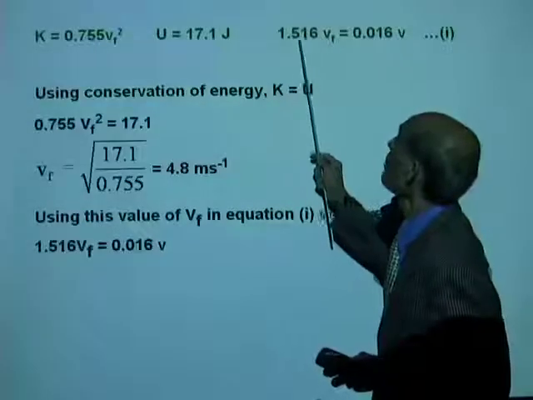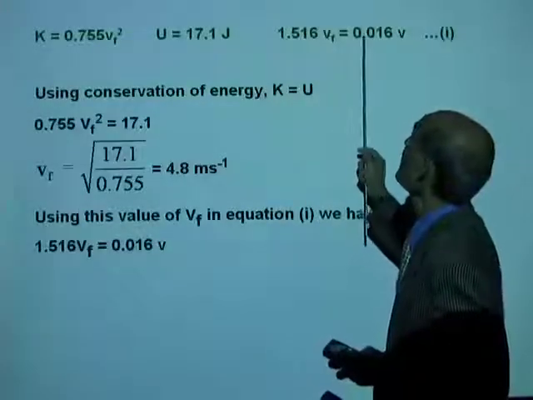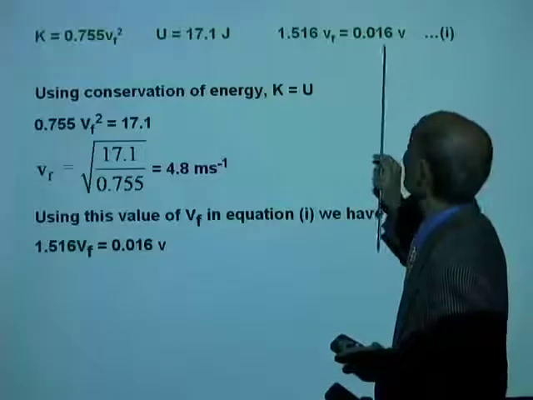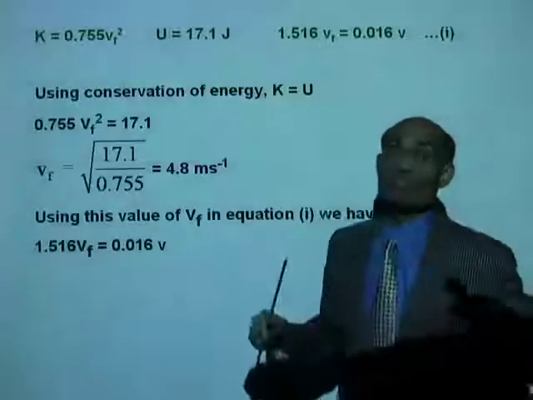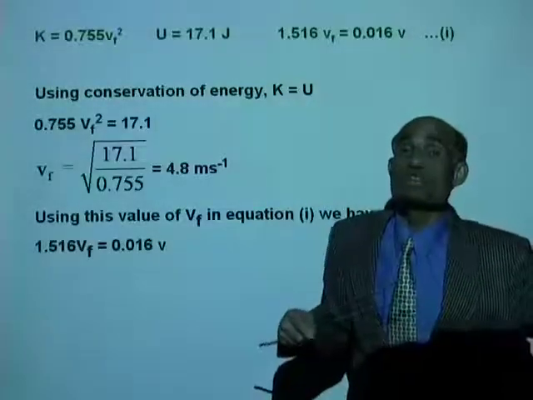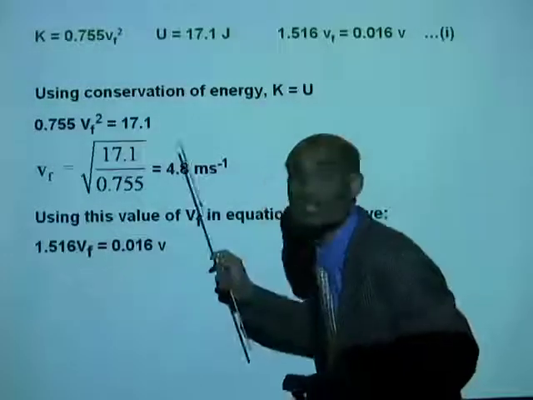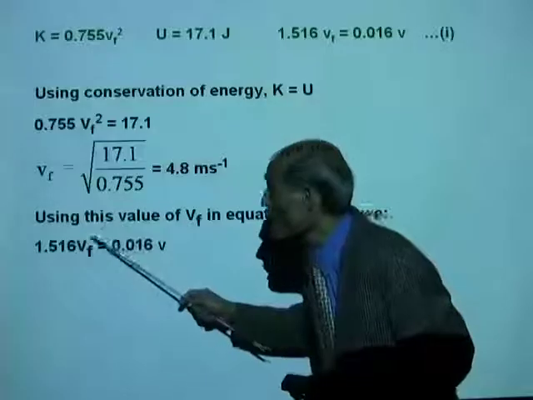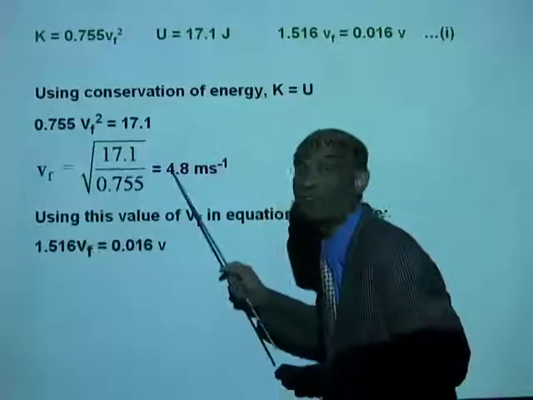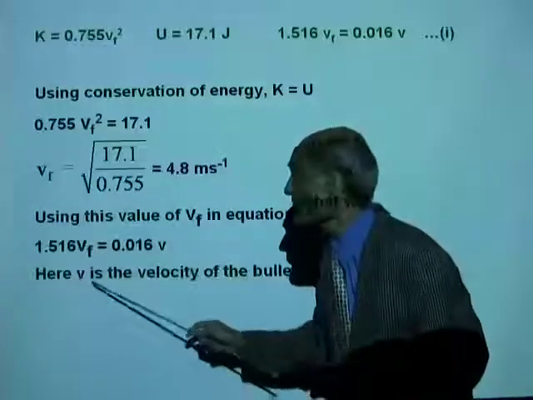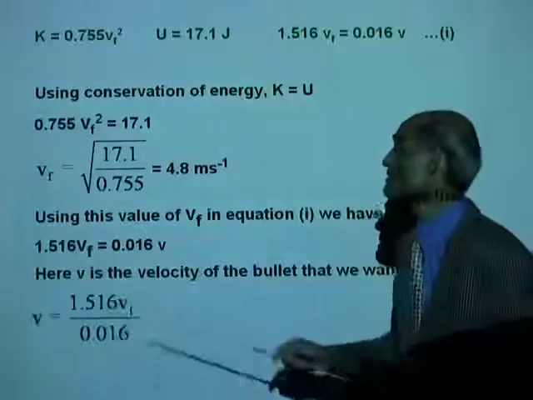We have 1.516 Vf equal to 0.016 V. That is the first equation we obtained using the conservation of momentum. Now we use the conservation of energy and obtain the value of that Vf. Using that, we can now find the V.